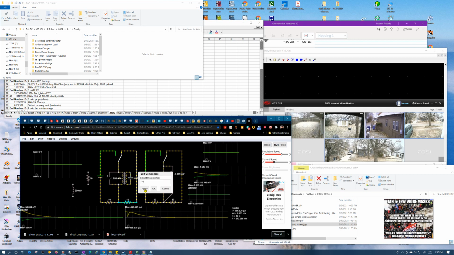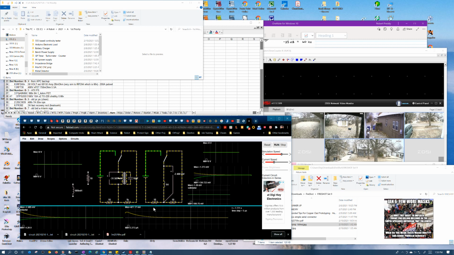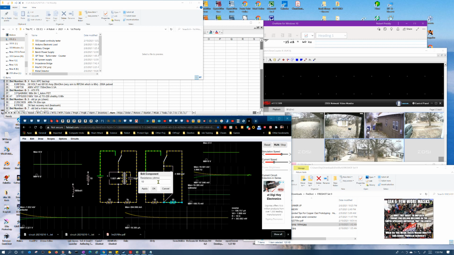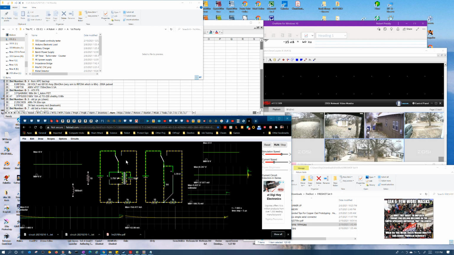Alright, convert it to 1,000 ohms. Let me reset it while I'm at it.